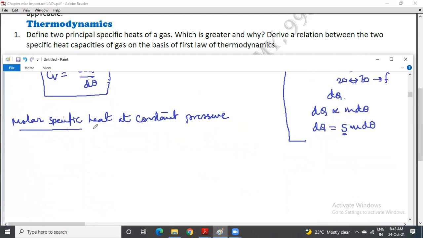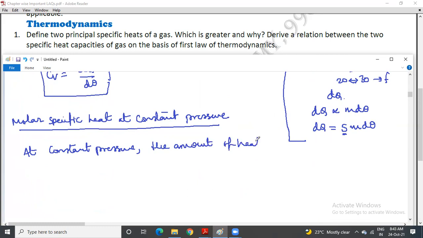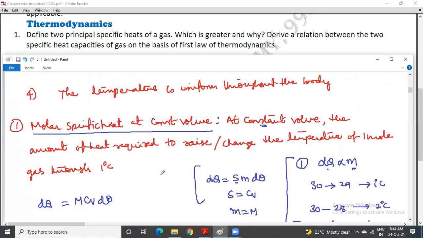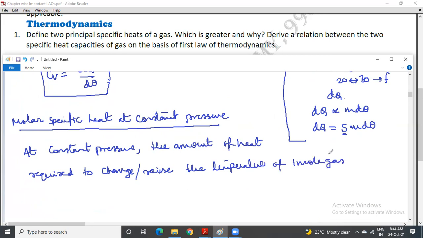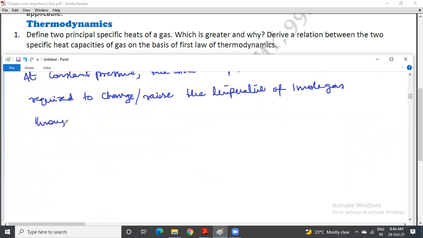So write the definition: at constant pressure, the amount of heat required to change or raise the temperature of 1 mole of gas through 1 degree centigrade. So at constant pressure anyhow.